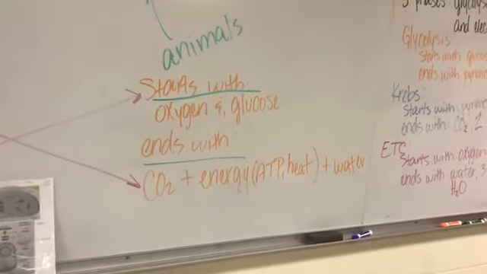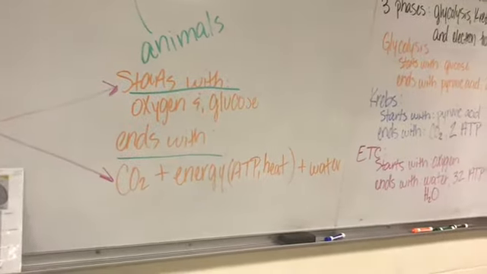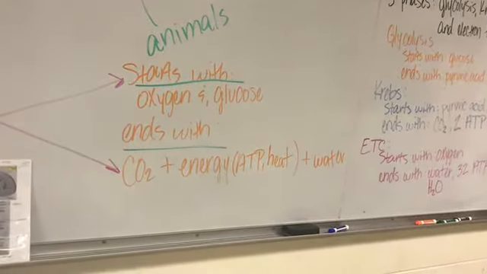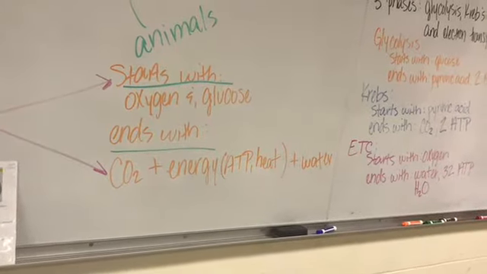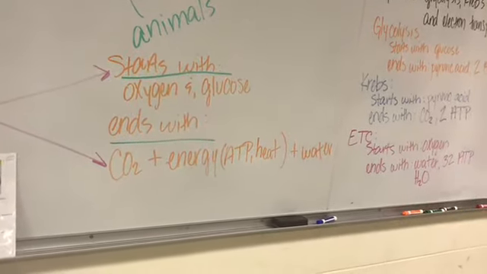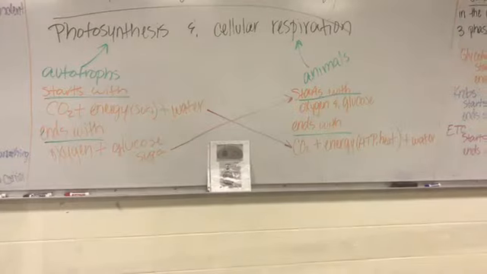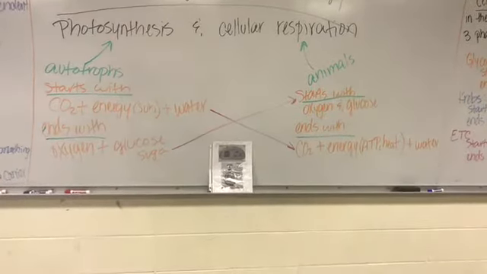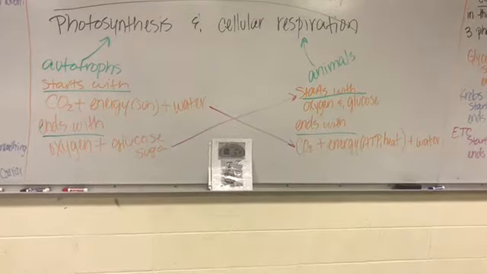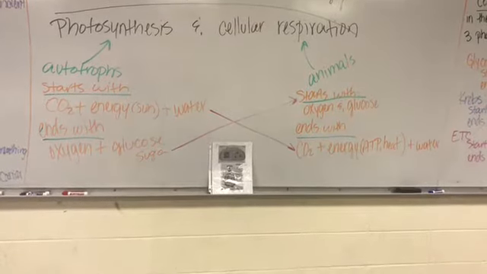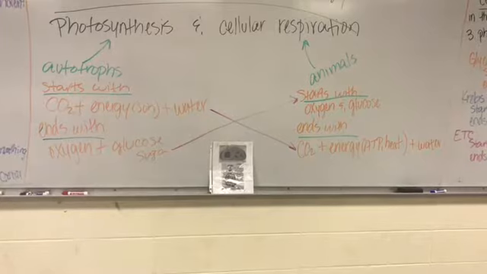So plants make our oxygen and sugar. We breathe in that oxygen and we eat the sugar, and we put out carbon dioxide, energy in the form of ATP and heat, and then water. Those guys up top, what we start with, are called reactants, and those guys down low, what we end with, are called products.